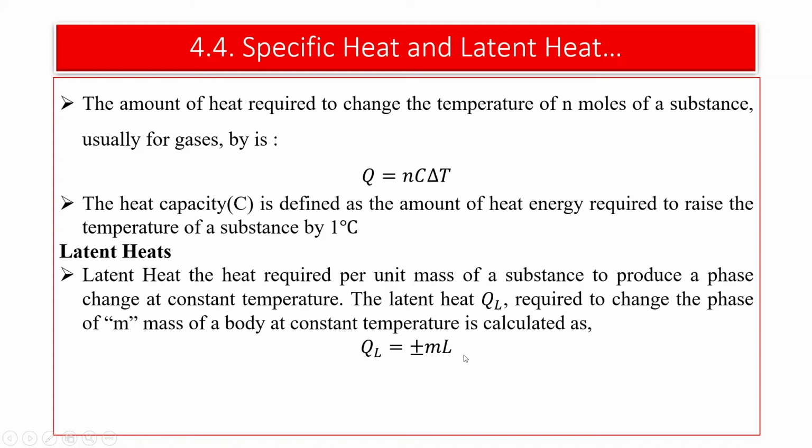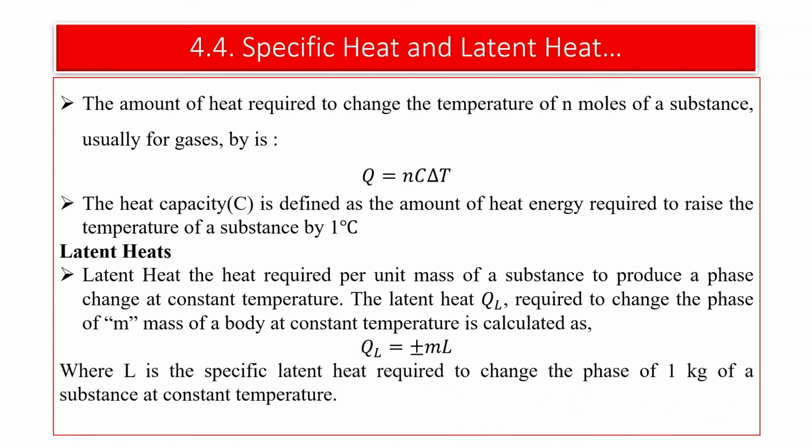Next, there is an important table. This table contains melting point, latent heat of fusion, boiling point, and latent heat of vaporization. For example, for helium, the melting point is minus 269.65 degrees Celsius.